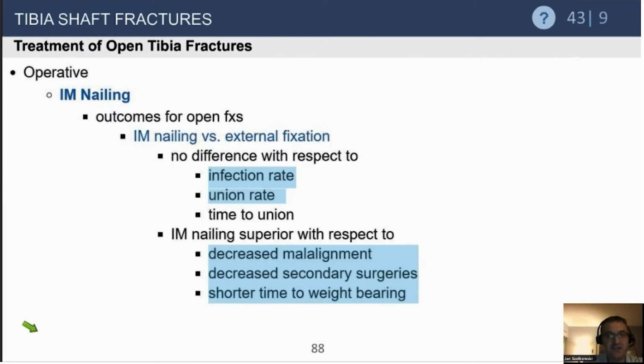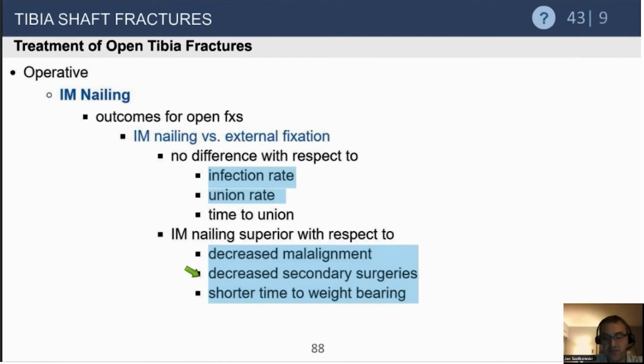So when we think about IM nailing and outcomes for open fractures, IM nailing versus external fixation, no difference in terms of infection and union rate or time to union. IM nails, though, are better at keeping your fractures maintained, right? The fixation is closer to the bone, which would be stronger. Decrease secondary surgeries, because if you have less malalignment, many times you're going to need fewer future surgeries.